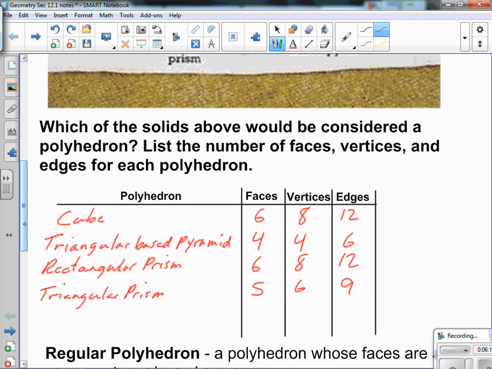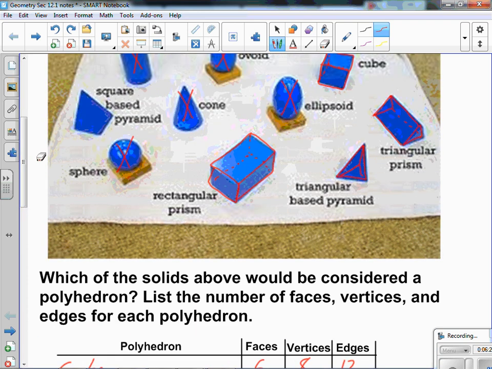And the last polyhedron in the picture is a square-based pyramid. In the square-based pyramid, we have a square for the base.